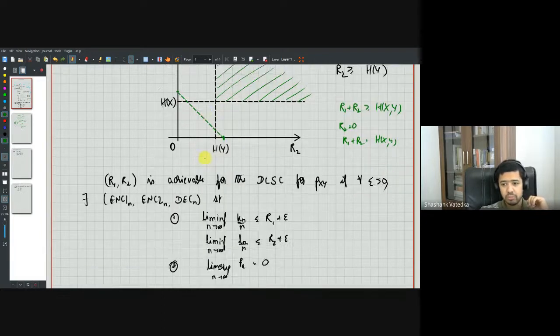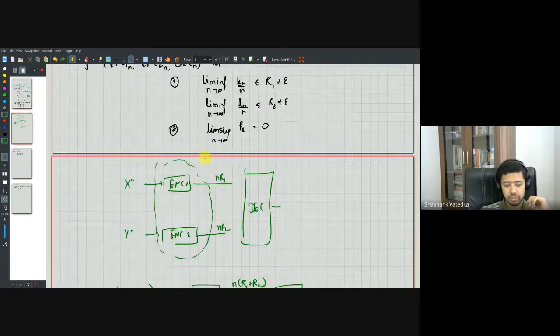So now suppose that the encoder, suppose encoder 1 actually had access to yn. It had to encode xn, but it somehow got side information about yn.